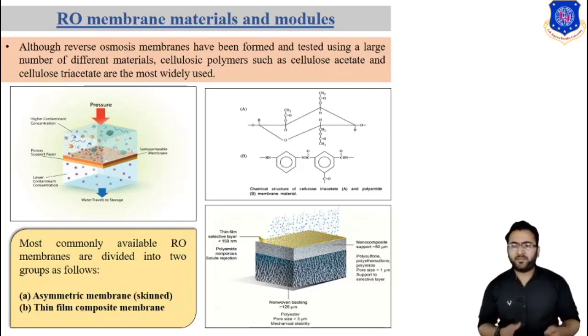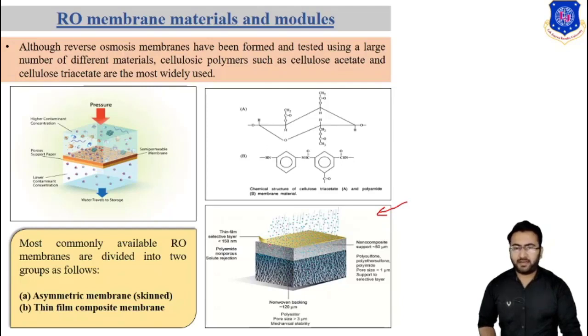More recently, the FT30 interfacially polymerized membrane made from m-phenylene diamine and trimesoyl chloride. These membranes are somewhat less sensitive to chlorine than the polyamide 300 membrane, and single pass fresh water desalination can be achieved with this membrane.